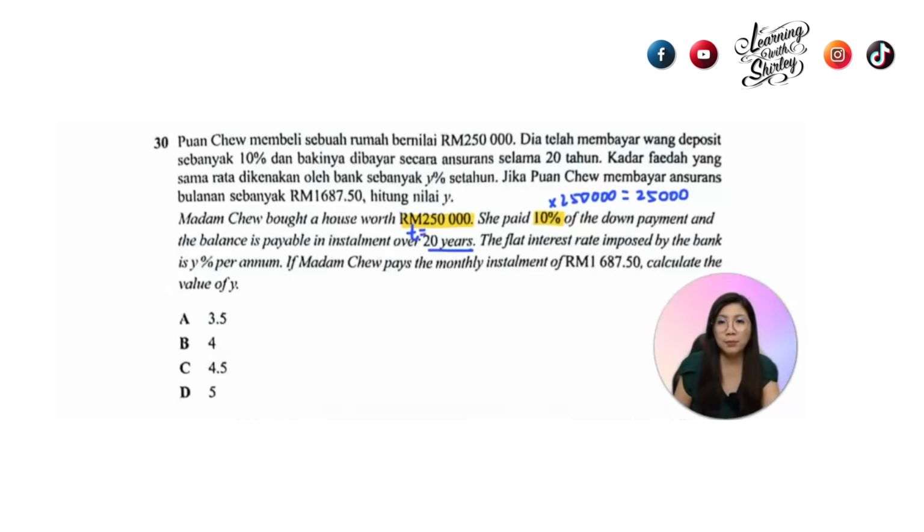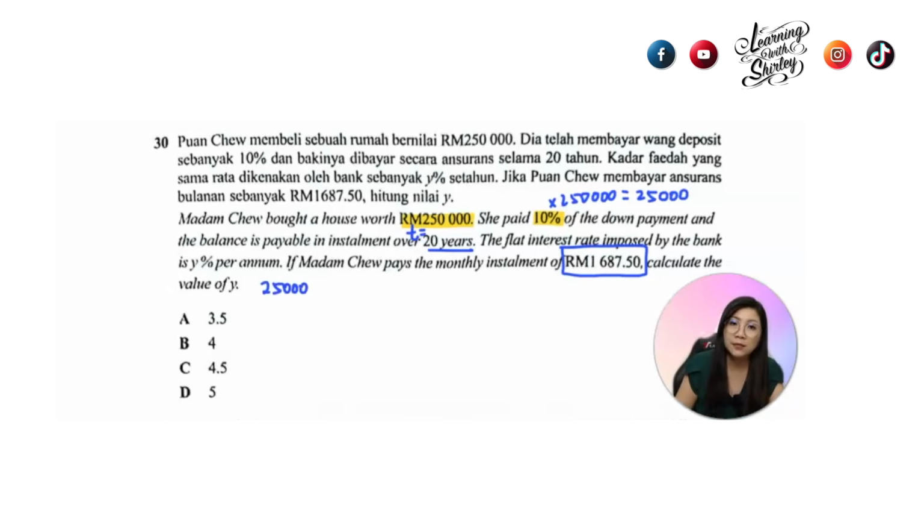The flat interest rate imposed by the bank is Y% per annum, means per year. So she pays the monthly installment of this amount; calculate the value of Y, which is the rate. We're going to use a formula in order to calculate the monthly installment. We use this 250,000.